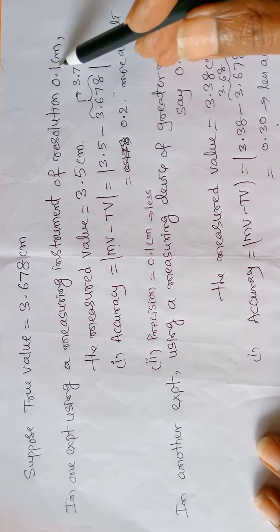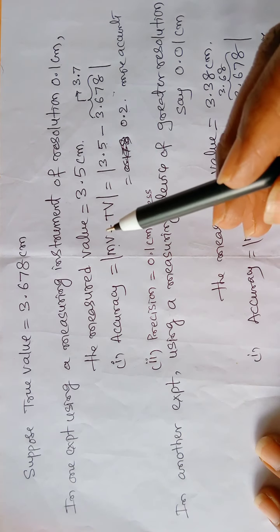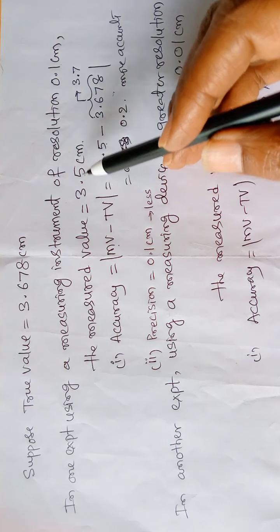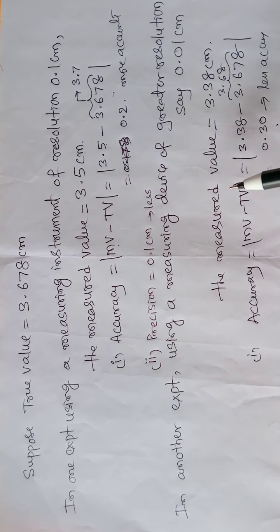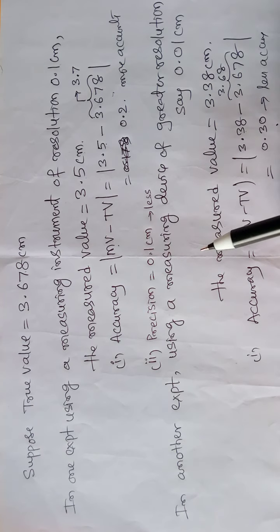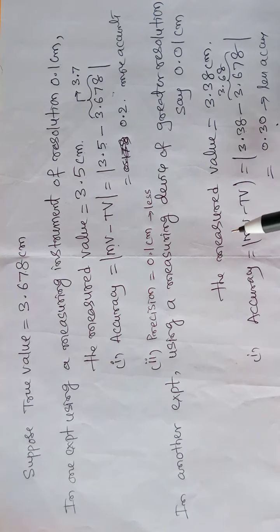Which instrument has a resolution of 0.1 centimeter? Meter scale. Okay, it means you are measuring with a meter scale. And what value did you get? 3.5 centimeter. So, how close is the measured value to the true value? That you can find by taking the difference between the two values.